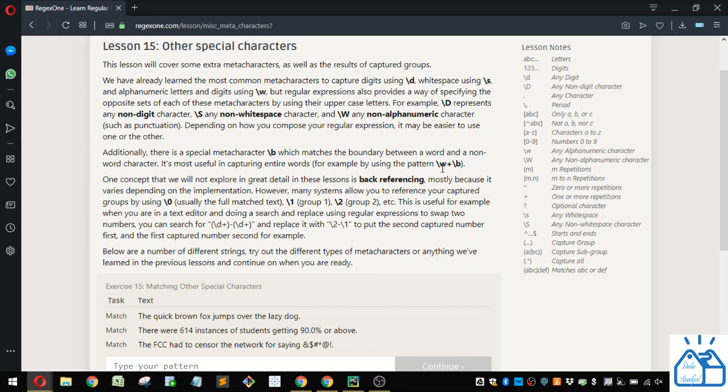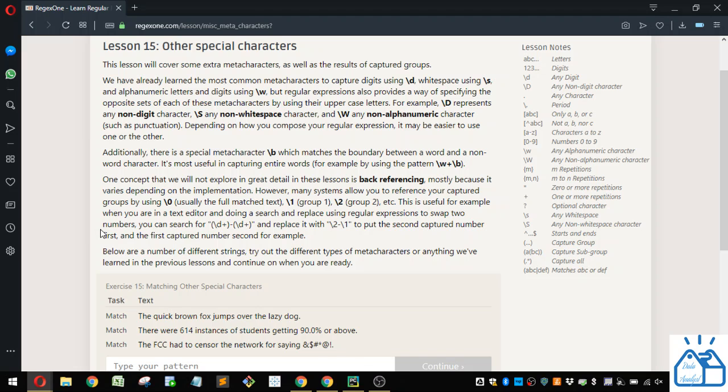So this will match any alphanumeric characters, so numbers and letters, and the plus means there's at least one of them. And then the \b would match any boundary between a word and a non-word character, like a space or a tab or something of those references.